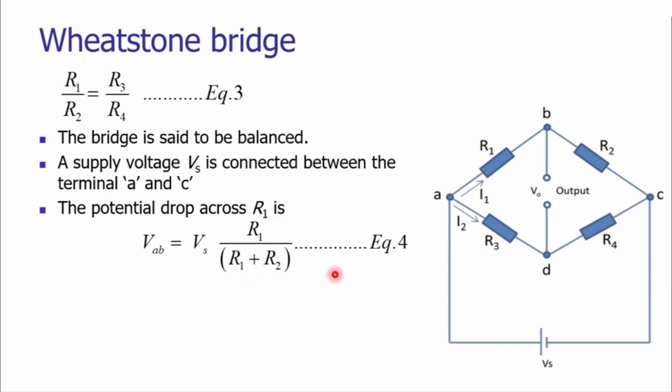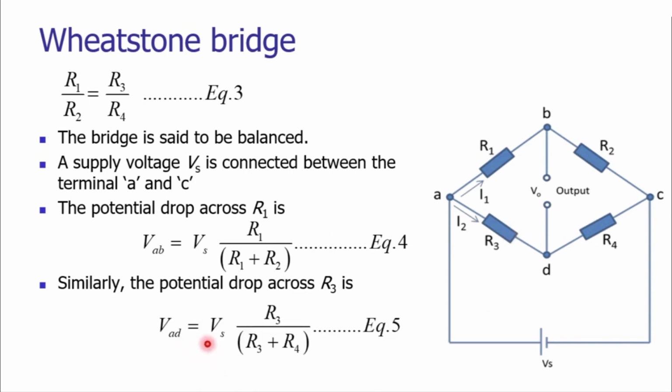In a similar way, we can write the potential drop across R3: VAD is equal to the supply voltage into R3 divided by R3 plus R4.